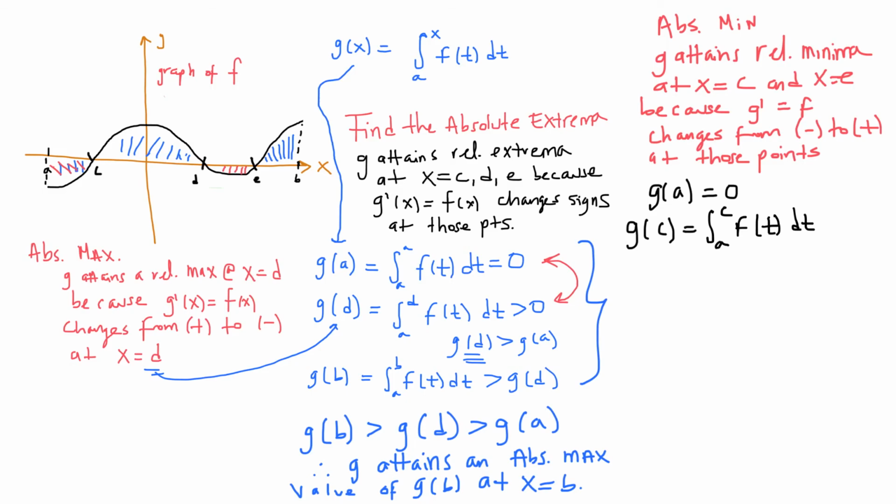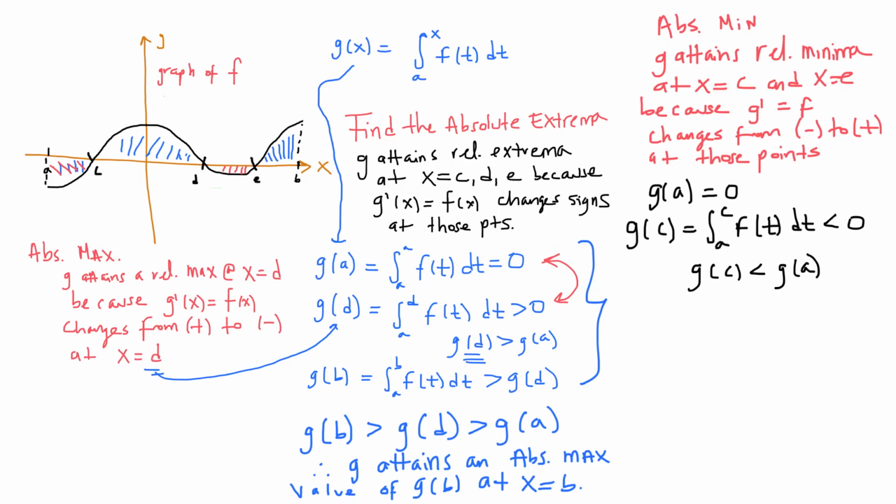I can tell you that it is less than 0, because when you look at the area from a to c, it is below the x-axis. So then this is less than 0. So at this point, g of c is less than g of a, because g of a was actually just 0. So g of c is less than g of a. And keep in mind, we're looking for the absolute minimum.